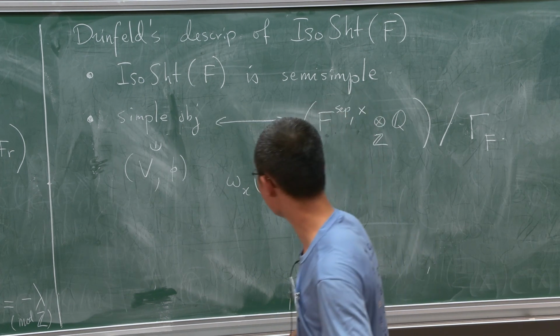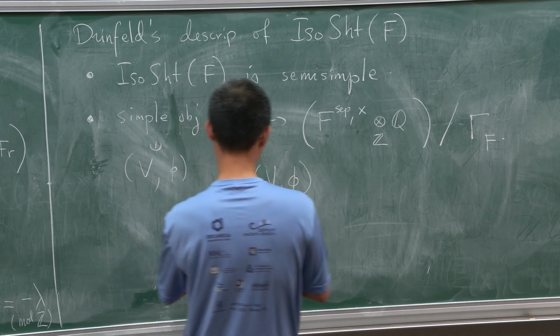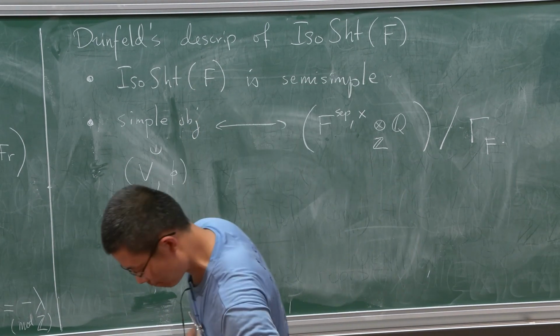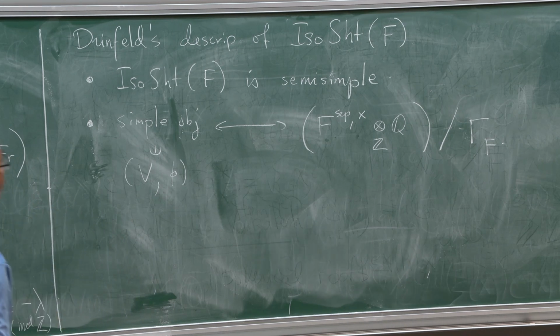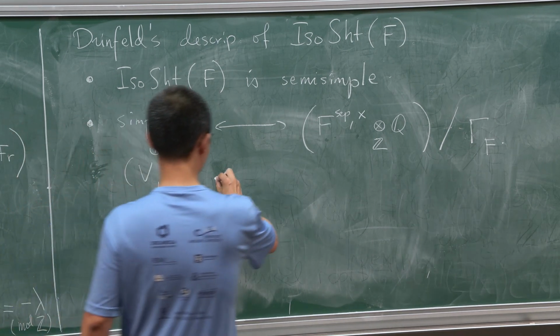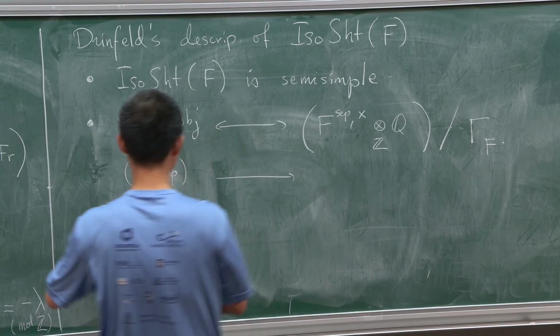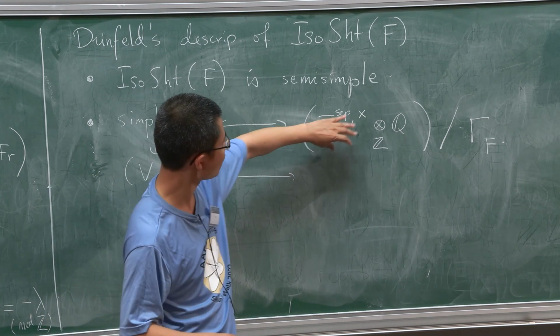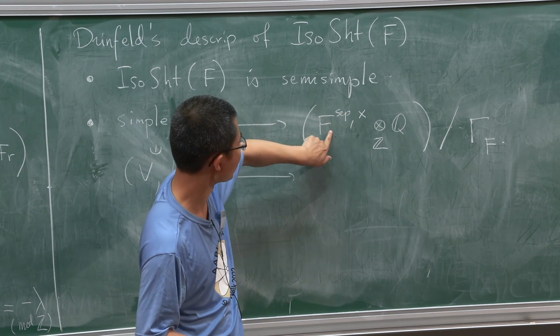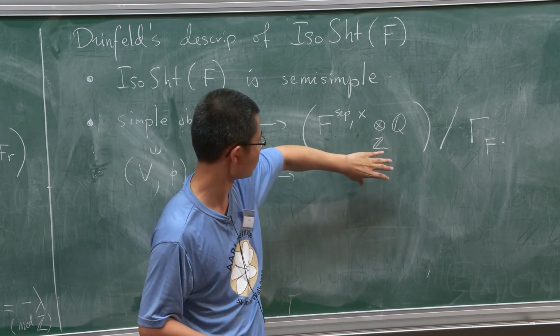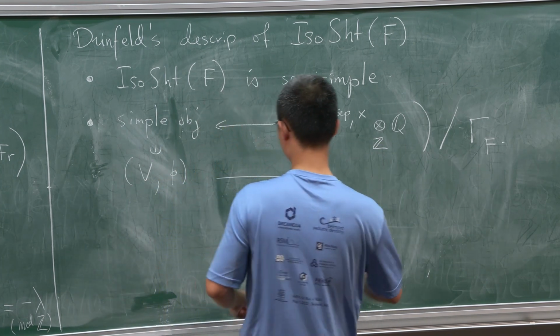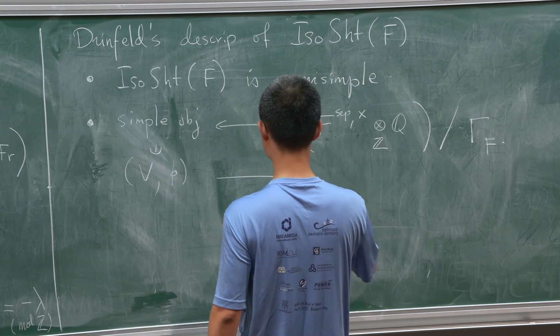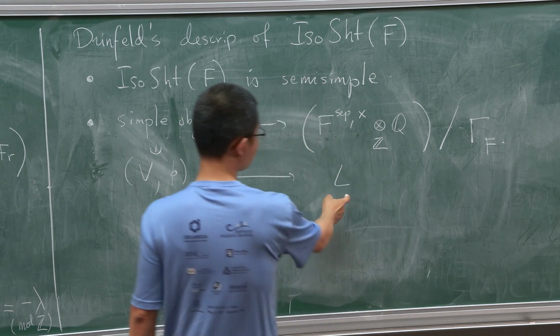It's a little bit complicated to state. So suppose I take a simple object, then there is some finite separable extension over F such that the corresponding element is realized there. And I pick the smallest one.